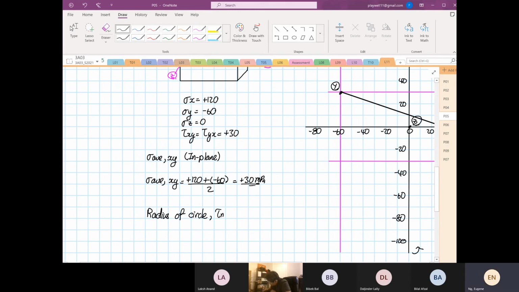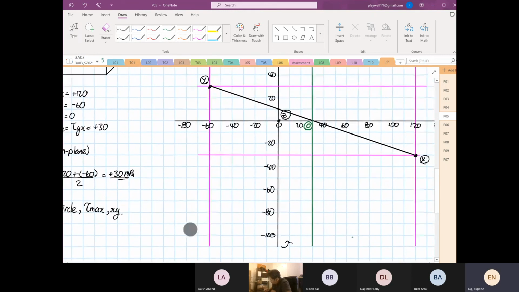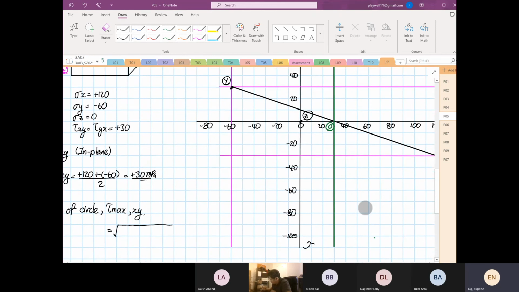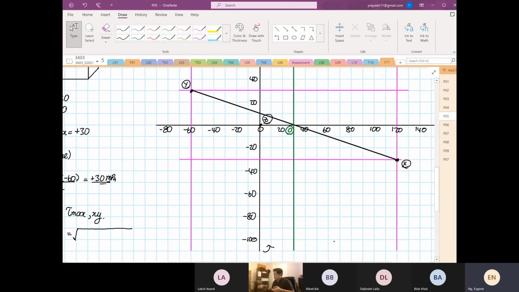So we're going to calculate tau max for the XY plane. Now in the quiz, some of you got this wrong. I think you mix up. If it's from 0, you can take a certain value divided by 2. If the stress average is not 0, you can't.